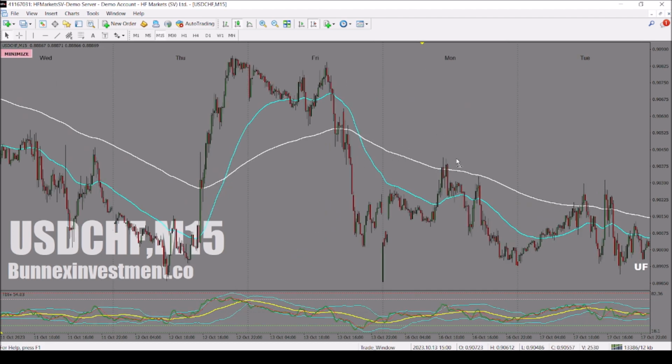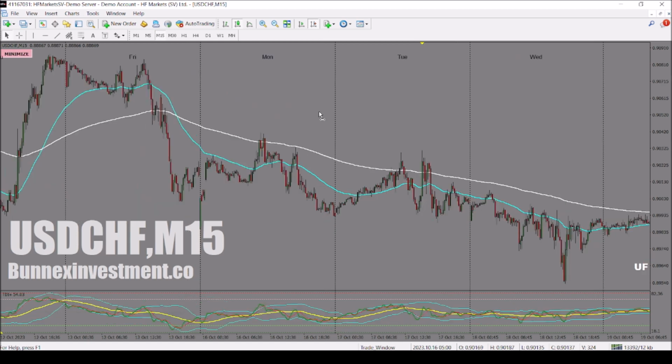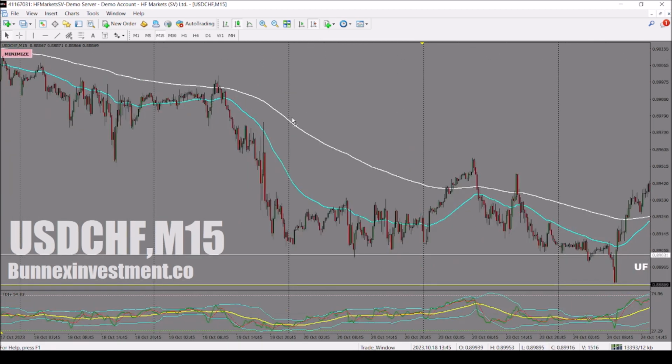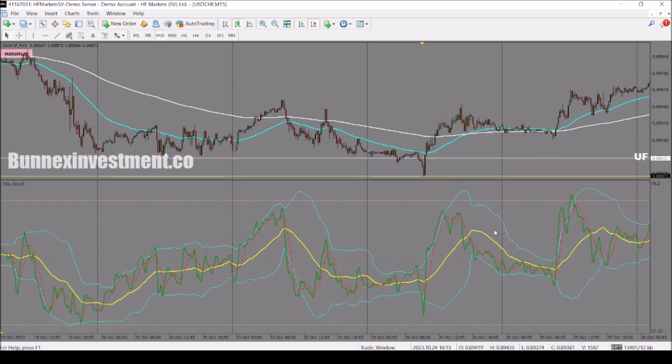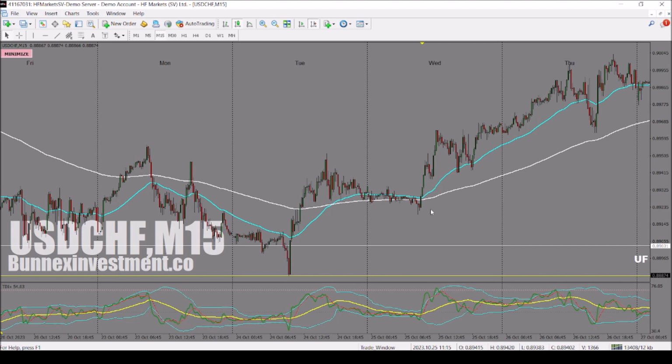Then going forth, we can see another crossover, a shark fin, and a confluence on the 200 EMA, and the market went our way. Then going ahead, we can see another crossover that occurred here, a beautiful squeeze, and then a shark fin that was issued. And then on the charts, we can see that shark fin worked out perfectly.